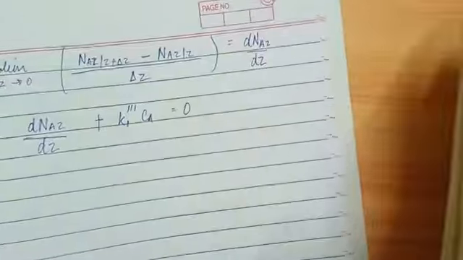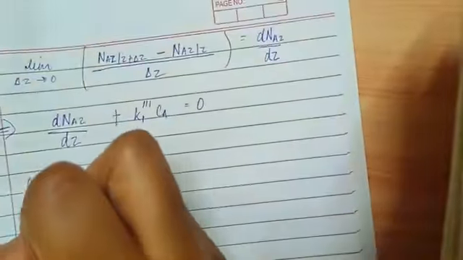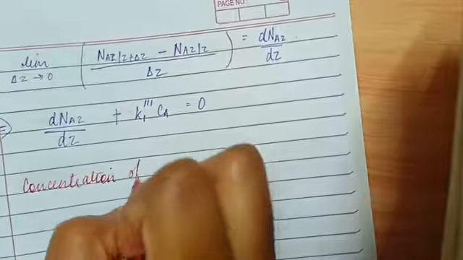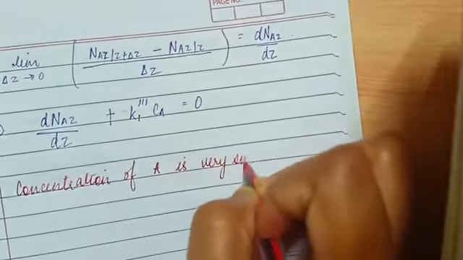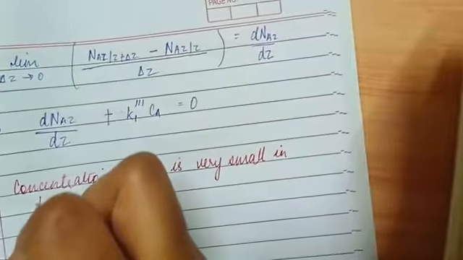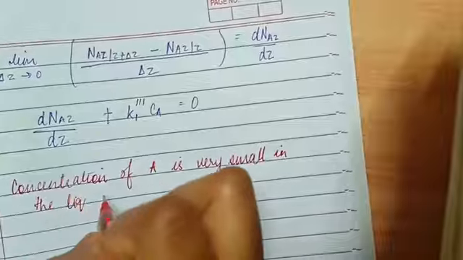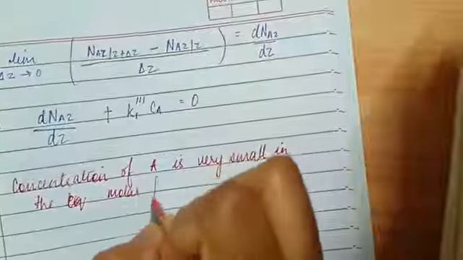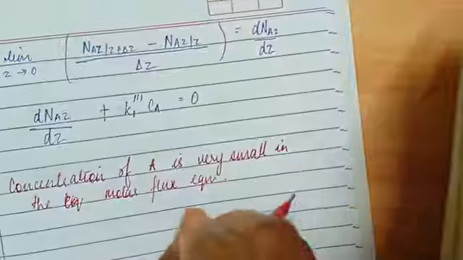Also, now we assume that the concentration of A is very small in the molar flux equation that we had already derived.